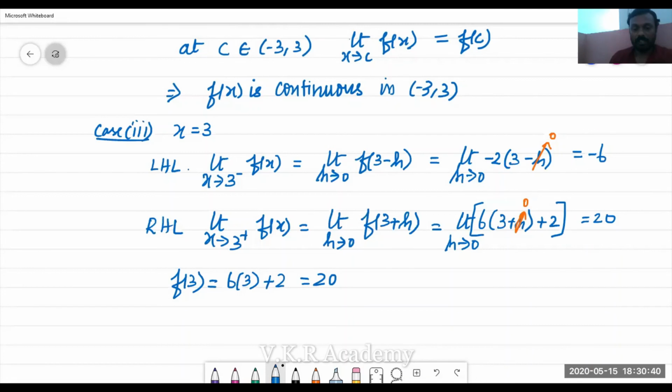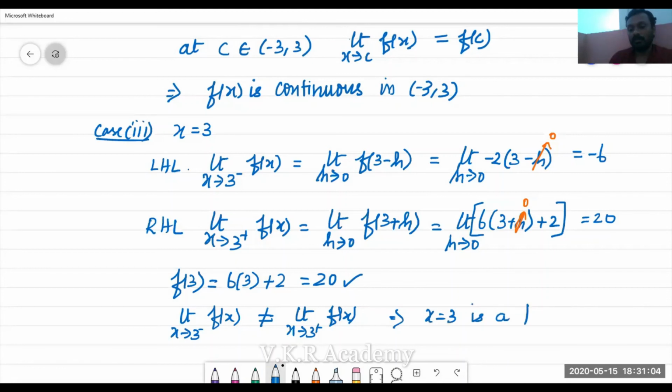So the function is defined at x is equal to 3, but the left hand limit at x is equal to 3 of f of x is not equal to the right hand limit at x is equal to 3 of f of x. This implies x is equal to 3 is a point of jump discontinuity of f of x.